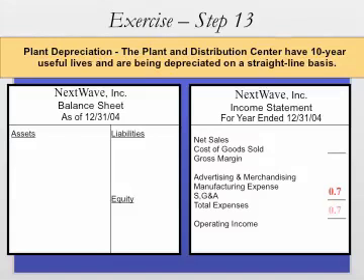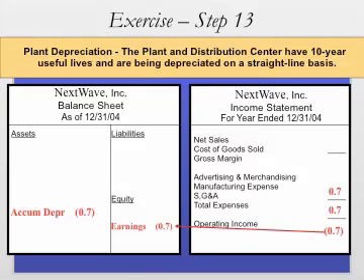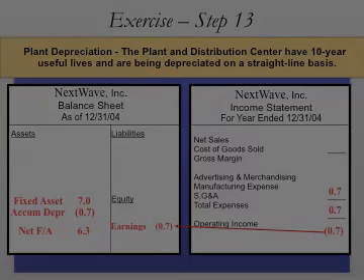That $700,000 will flow through as an operating loss, go into equity as a retained loss. We'll now create an account on the asset side called accumulated depreciation, which will offset the original cost of the fixed assets, leaving the net fixed asset value at $6.3 million.